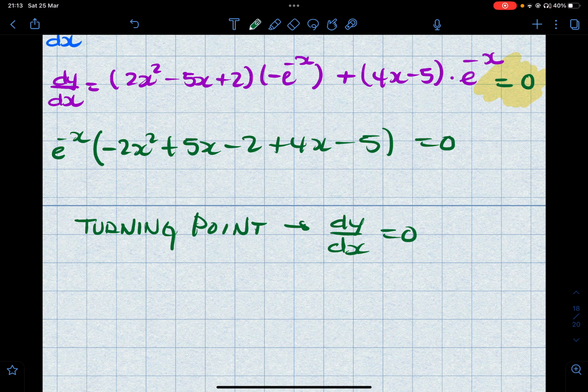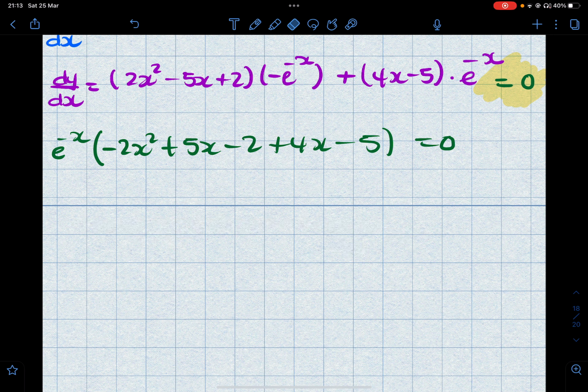Okay, so if that's equal to 0, then it's either this equal to 0 or that equal to 0.